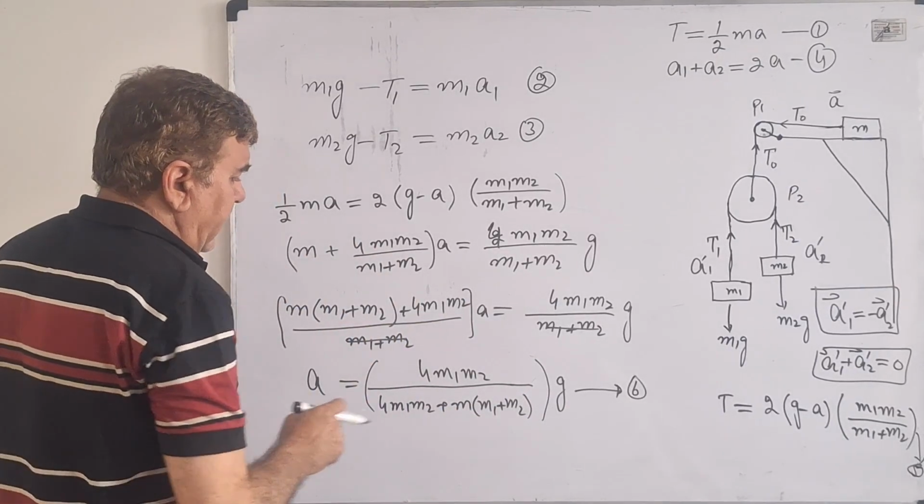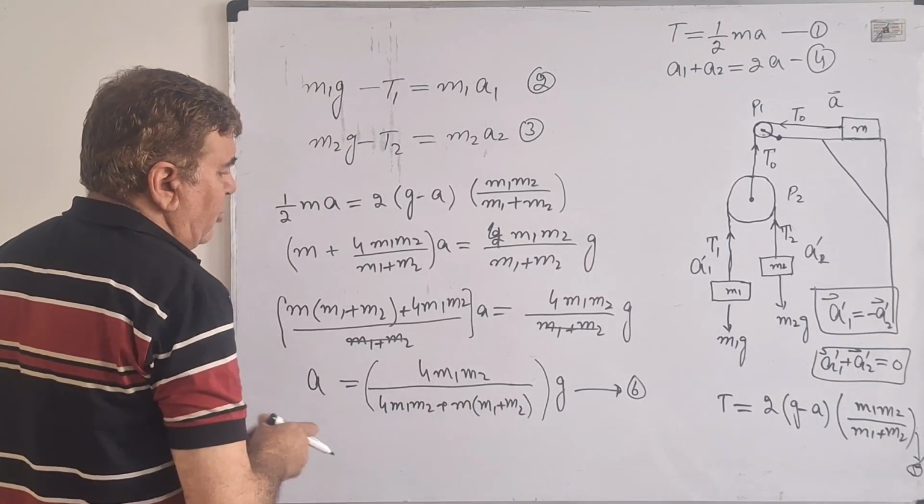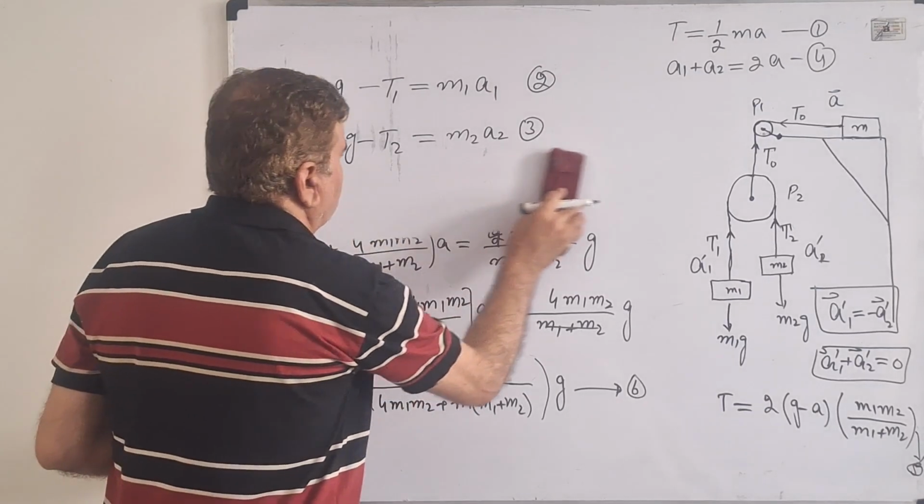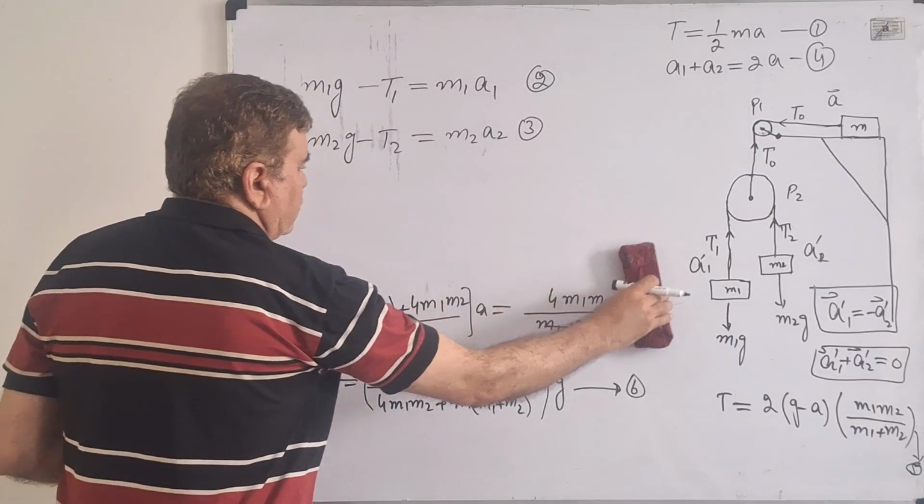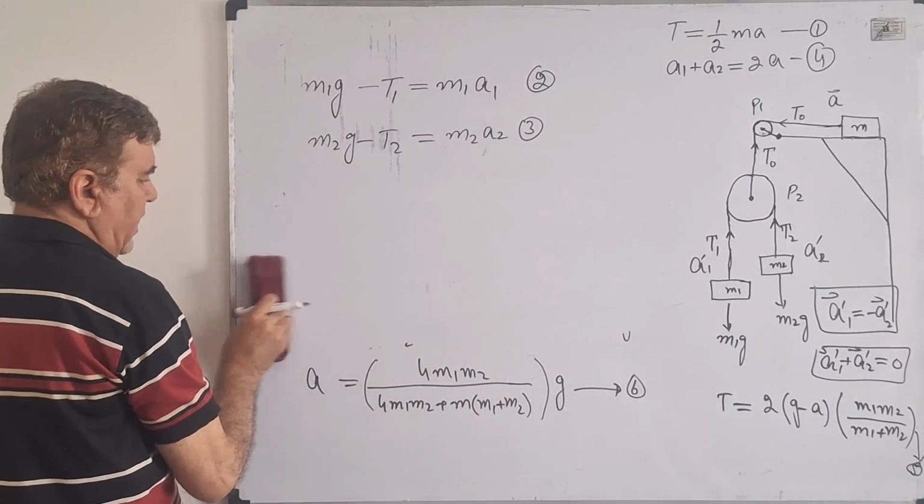On the other hand, if m is very very large compared to m1 plus m2, what would we have?